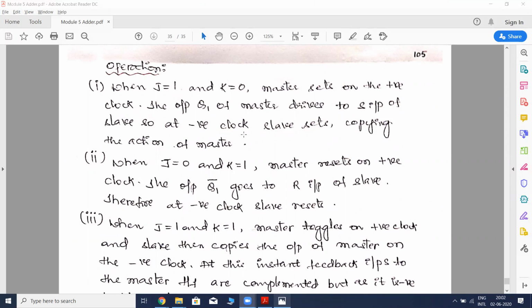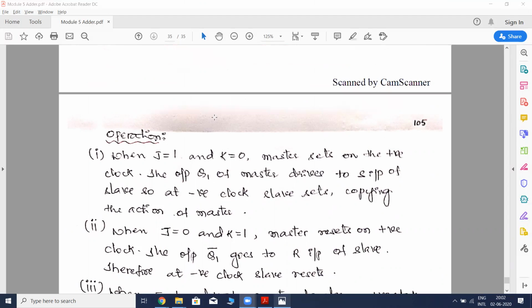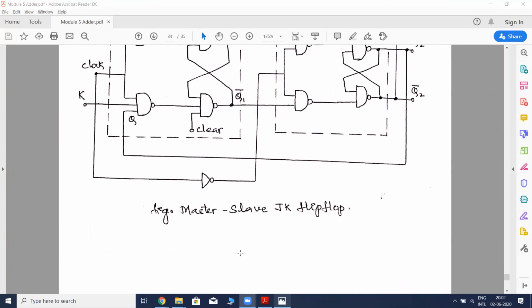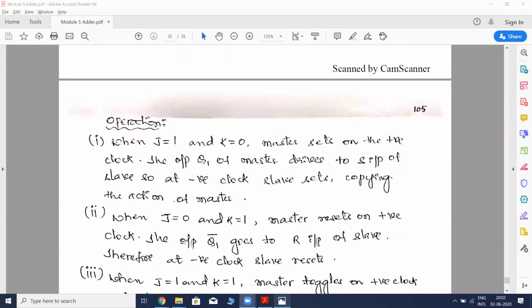During the negative clock, because they have been designed such that, because we are giving the clock signal, that is the purpose we are giving an inverter over here, so that the master is active during the positive clock and the slave is active during the negative edge. That is why we are putting an inverter over here.